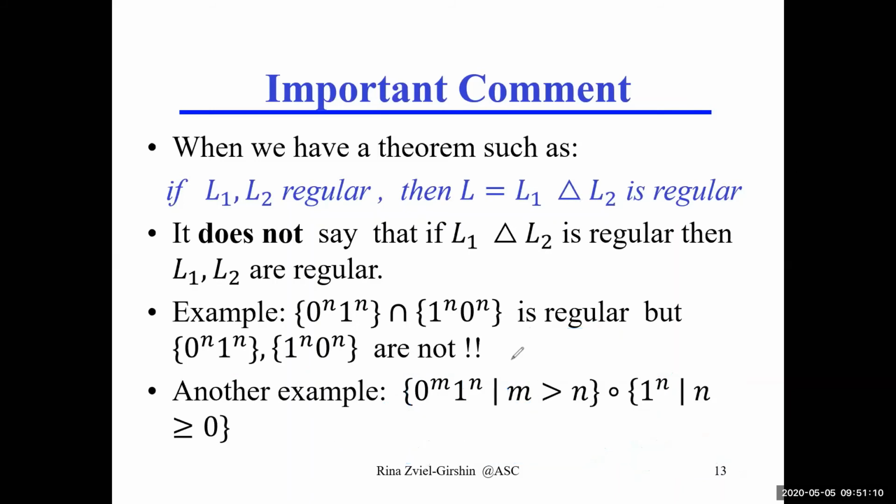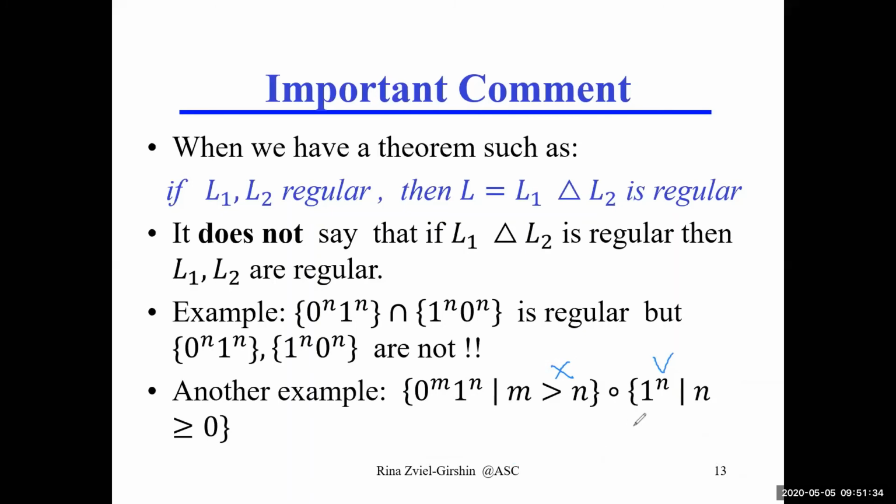Okay. So in this other example, the concatenation is a regular language. I tried to explain why it's regular. This language is not regular. This language is regular. So if the result is a regular language, it doesn't mean that the original languages were regular.